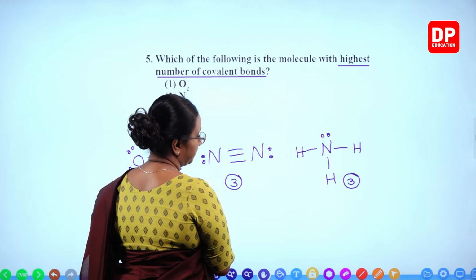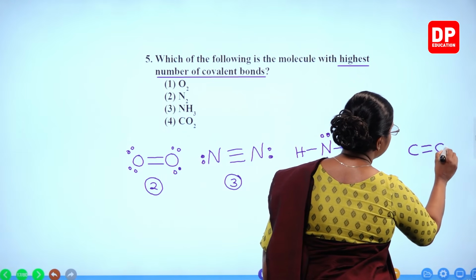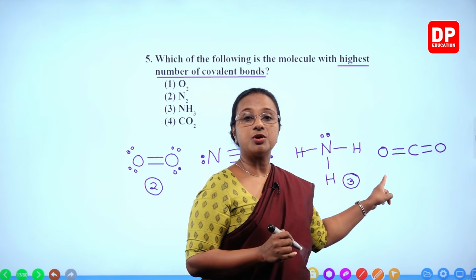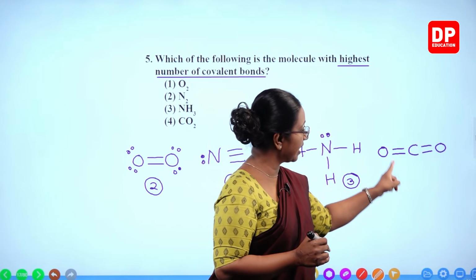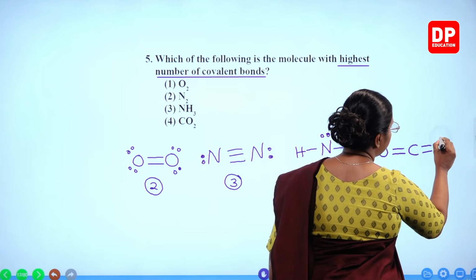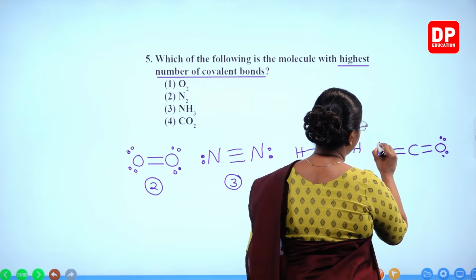Then the last one we have is carbon dioxide. Carbon dioxide, you all know, it has carbon-oxygen double bonds. 2 carbon-oxygen double bonds should satisfy the valency of carbon. At the same time, there are 2 lone pairs of electrons on oxygen.